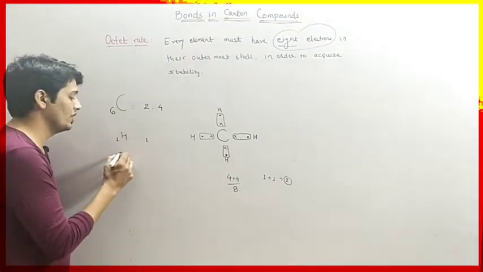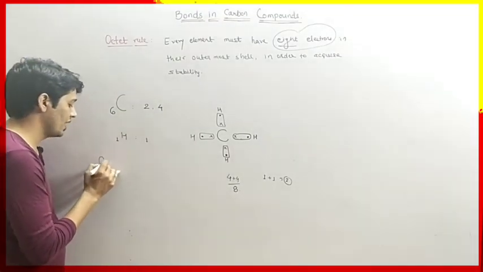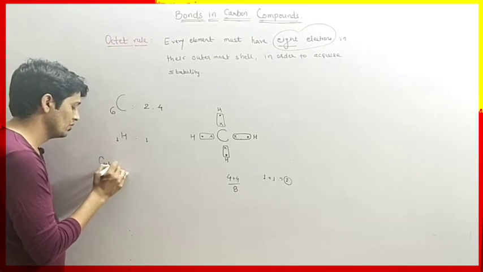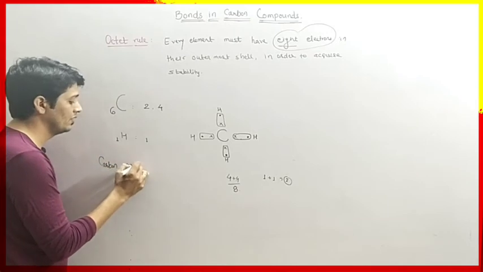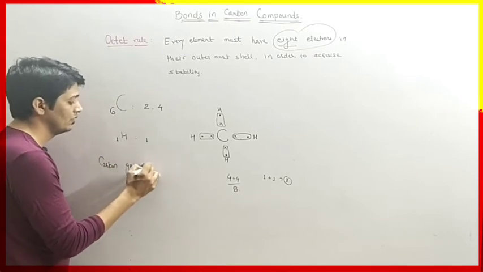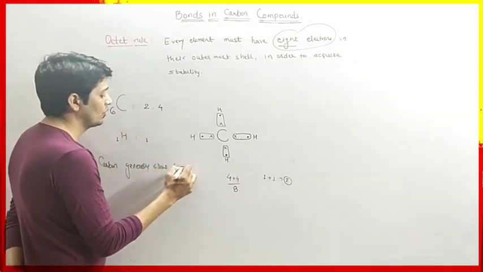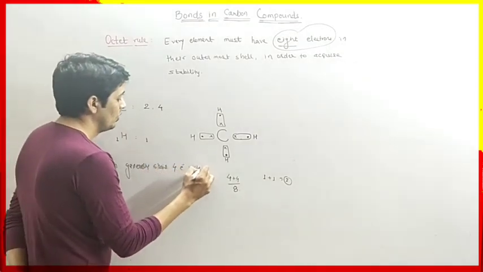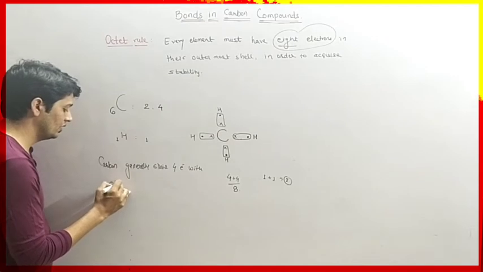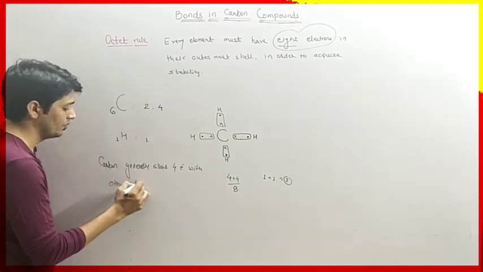Carbon has 4 valency. So we can write here: carbon generally shares 4 electrons with other atoms.